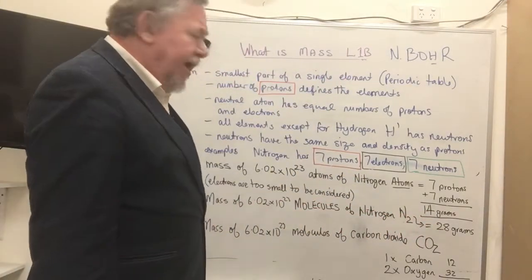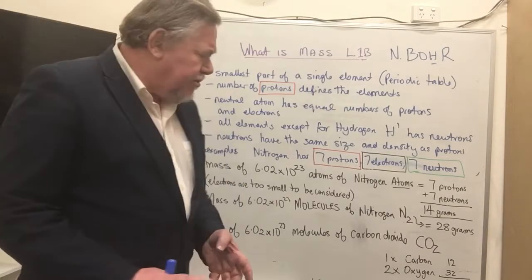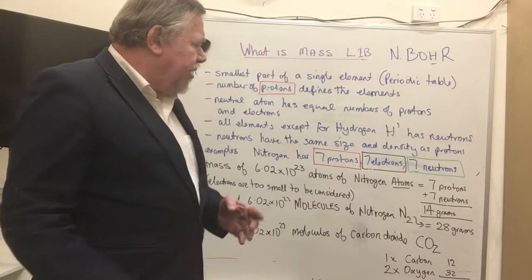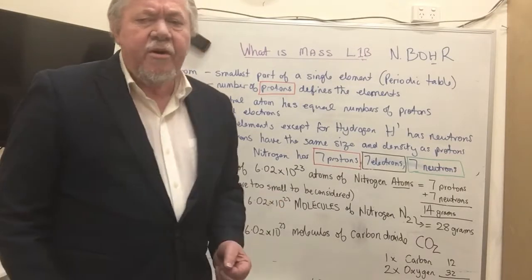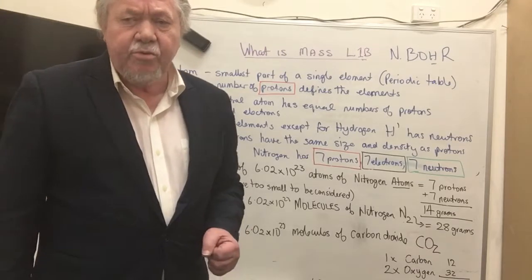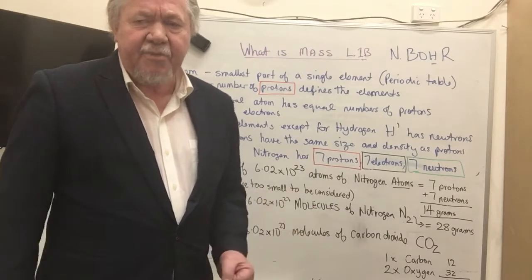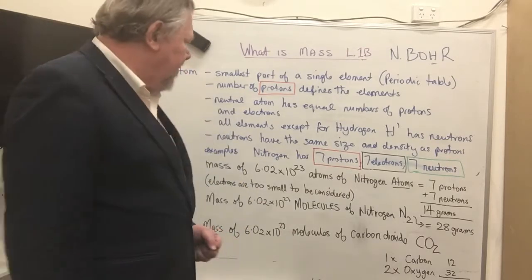So again, at 20 degrees and 101.3 kilopascals of pressure, we would end up with 24.4 or thereabouts litres of oxygen. That's how much space it would take up in terms of volume. Okay. All right.